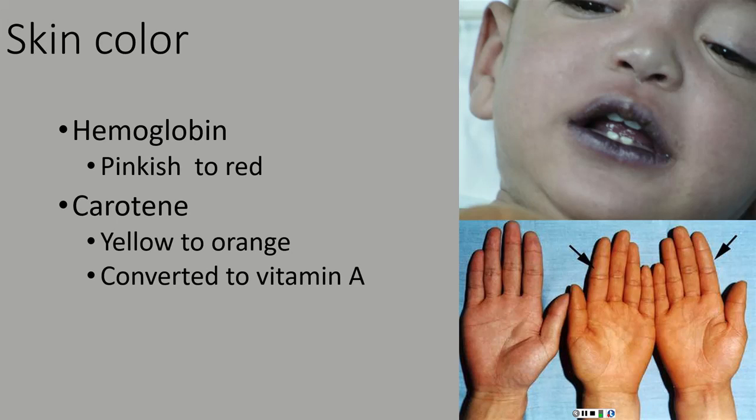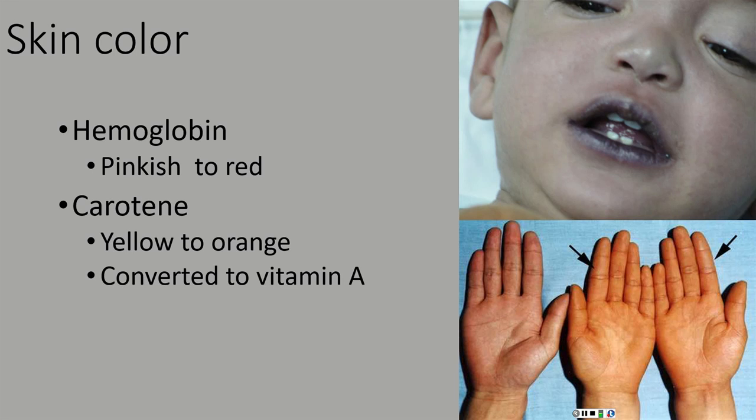So continuing talking about skin color, moving away from melanin now, some other things that contribute to skin color. Well, hemoglobin. Hemoglobin is what is in our red blood cells that allows our blood to carry oxygen. It's what makes your blood red. And hemoglobin contributes a pink or red color to your skin.